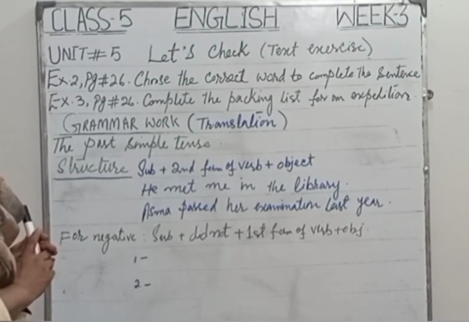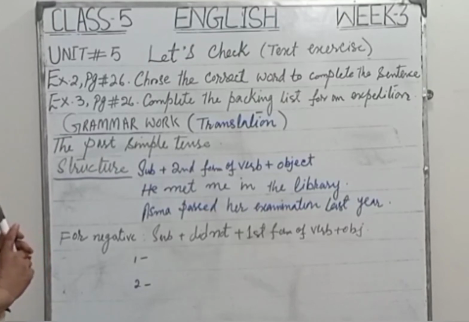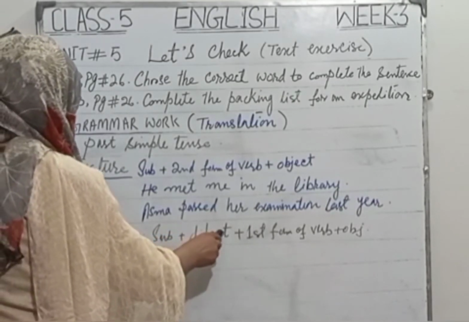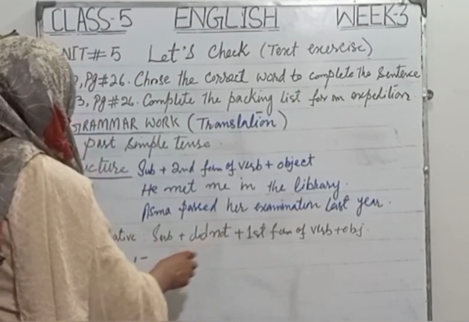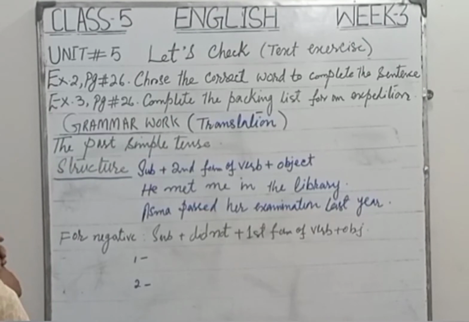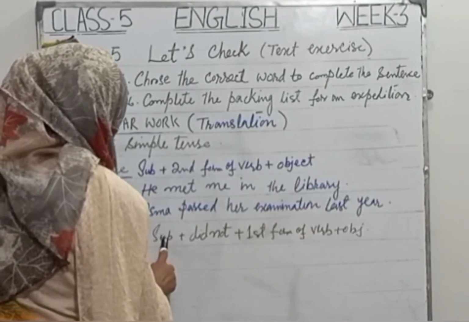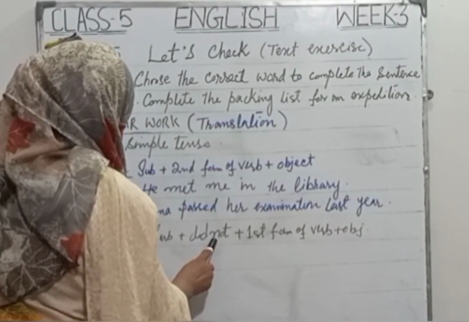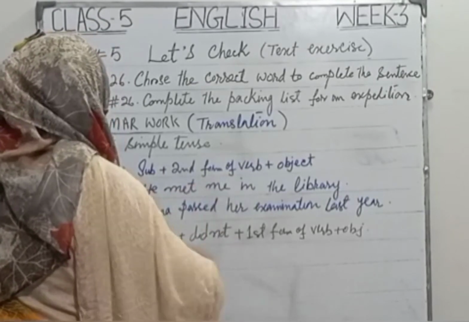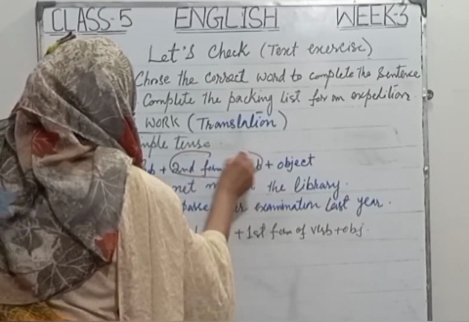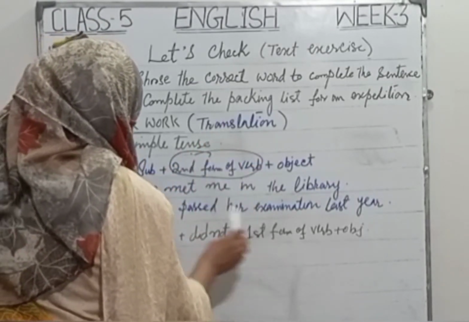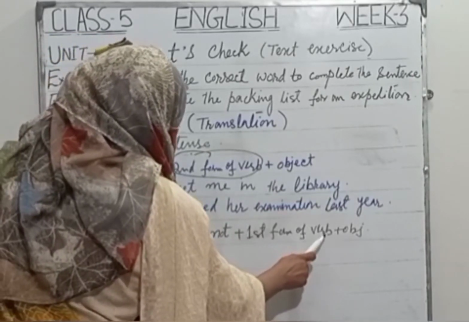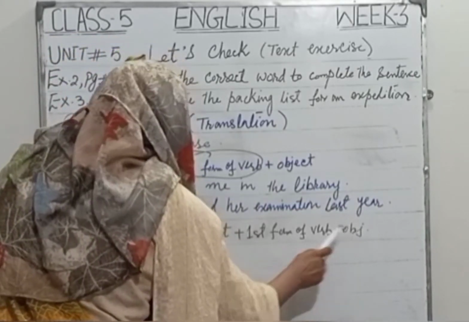If you want to make a negative of this sentence, you will add the auxiliary verb did with not. The structure is subject, did not, and the second form of verb will change into the first form of verb, then object.